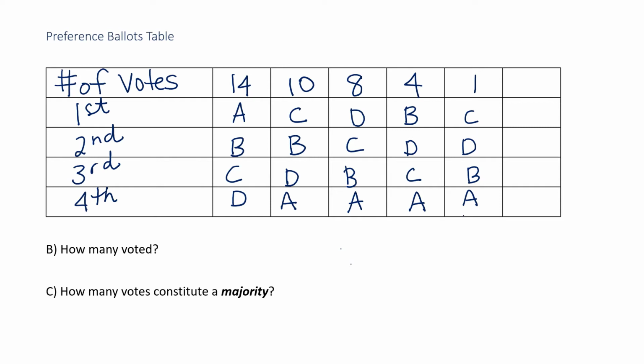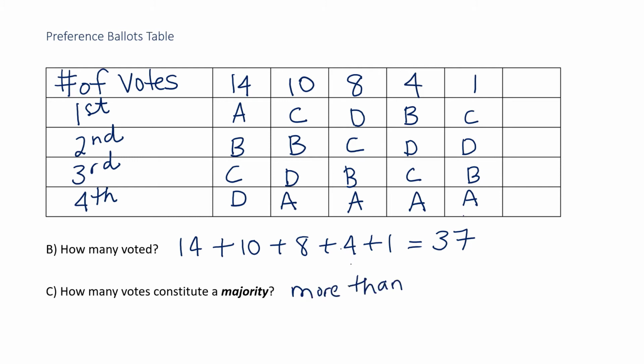How many voted? That would be the total of all of the entries along the top. So that would be 14 plus 10 plus 8 plus 4 plus 1. It better be 37 since that was the number of ballots that were there. How many votes constitute a majority? Majority is more than 50%.